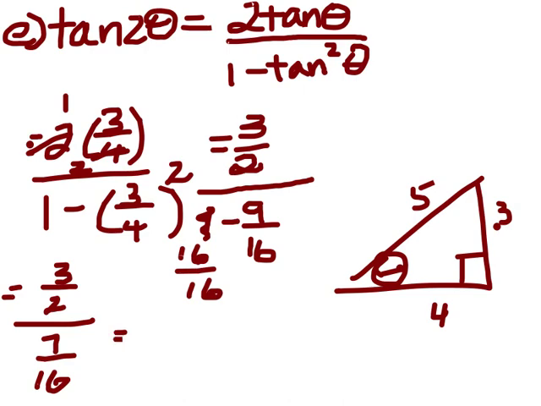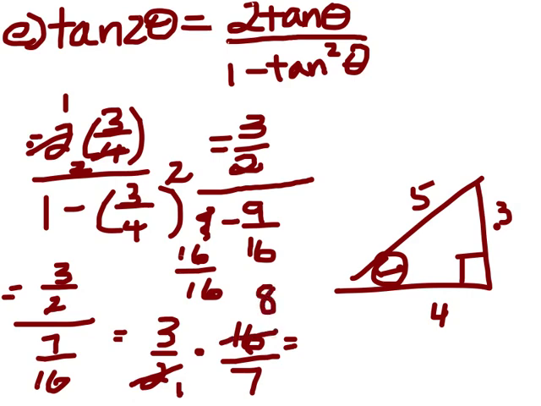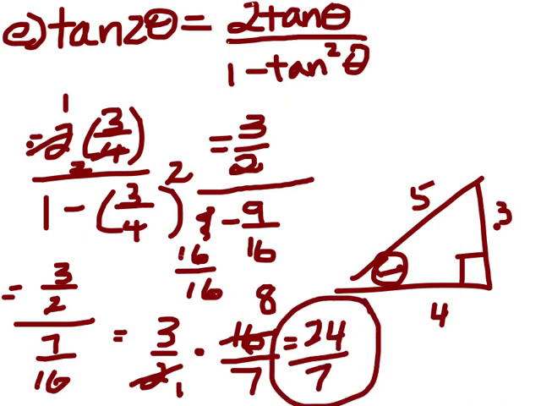If you remember, when we have a complex fraction, we take the numerator and multiply by the reciprocal, or the flipped fraction, of the denominator. I'm going to reduce first because I don't want to have to reduce later. 2 goes into 2 once. And wouldn't that be 8? So on top, 3 times 8 is 24. And on the bottom, 1 times 7 is 7. And that would be our answer.